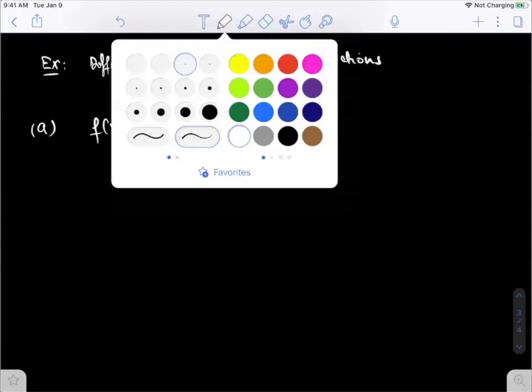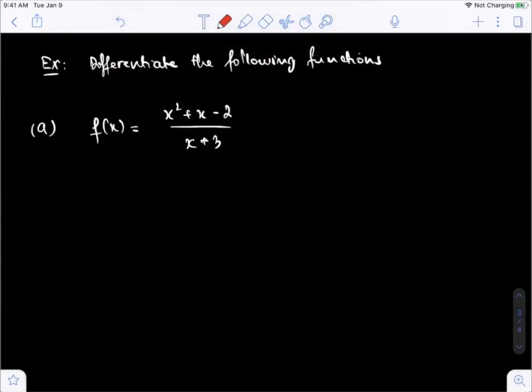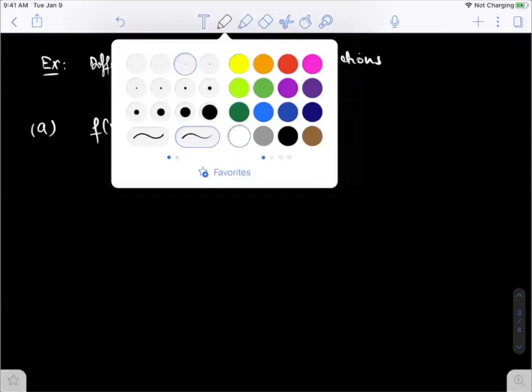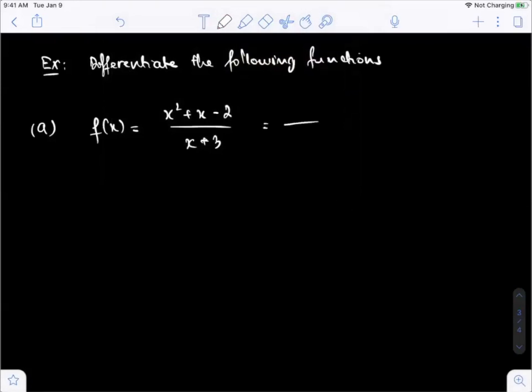So this is the quotient. You can write this with this as u and this as v, and then apply the quotient rule of differentiation. The derivative is u prime times v minus u times v prime, altogether divided by v squared.